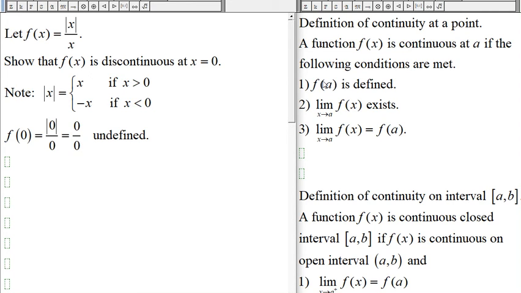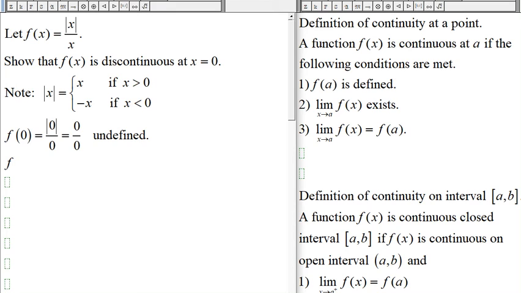And so condition number 1 fails. Condition number 1 says that f of 0 must be defined. Defined means it has to equal a real number, but in this case it's not equal to a real number. In this case it's undefined.